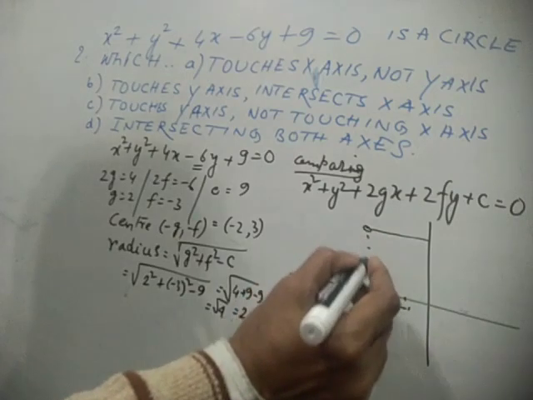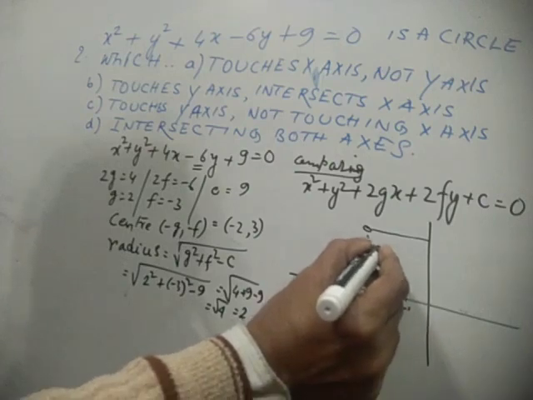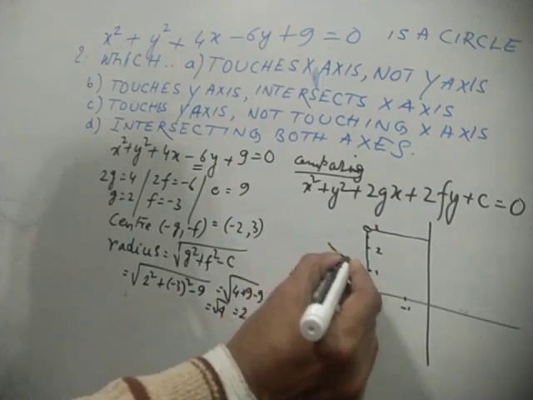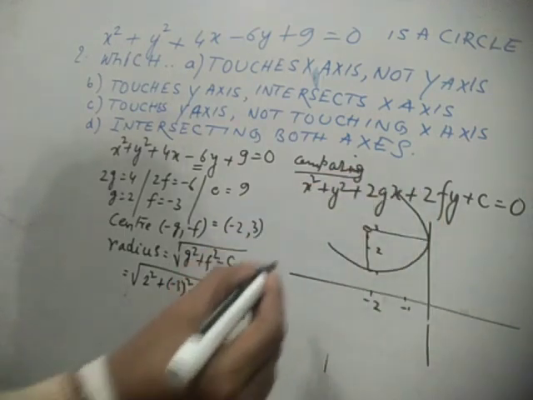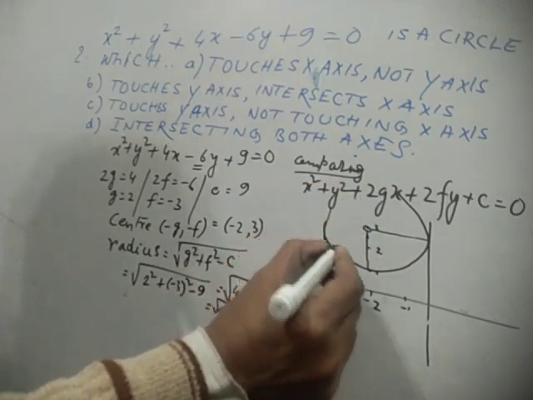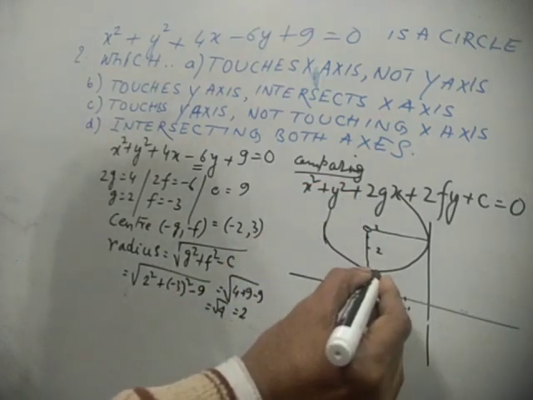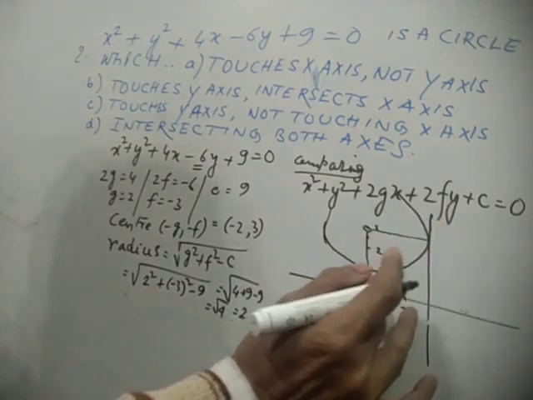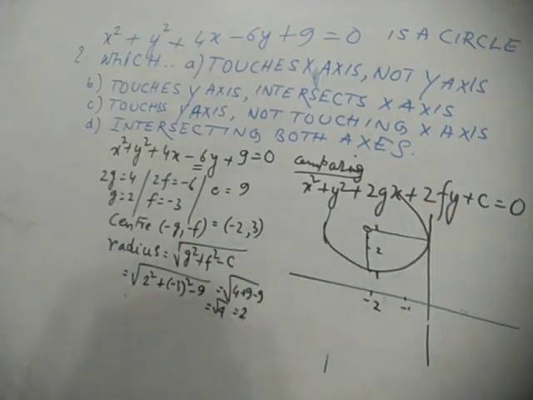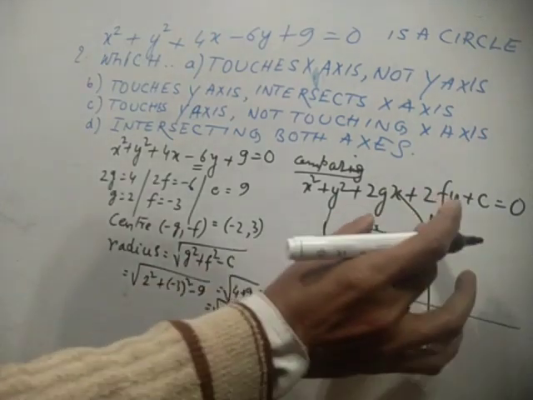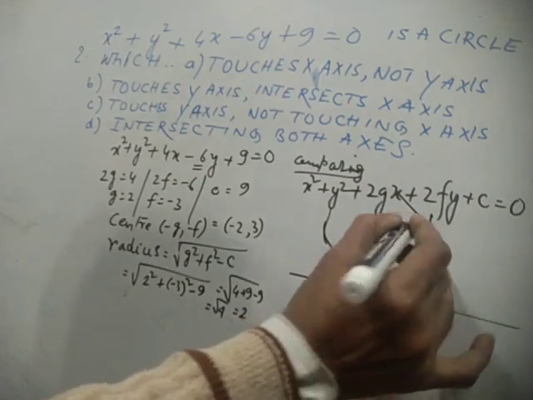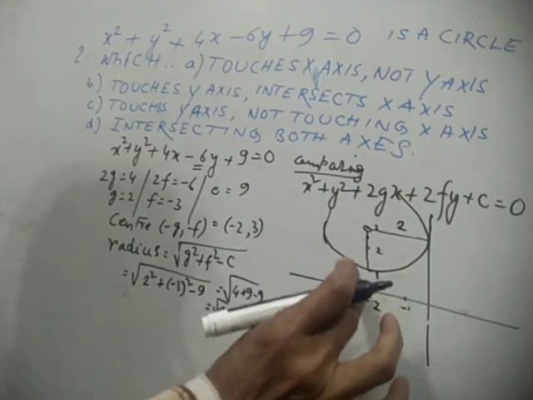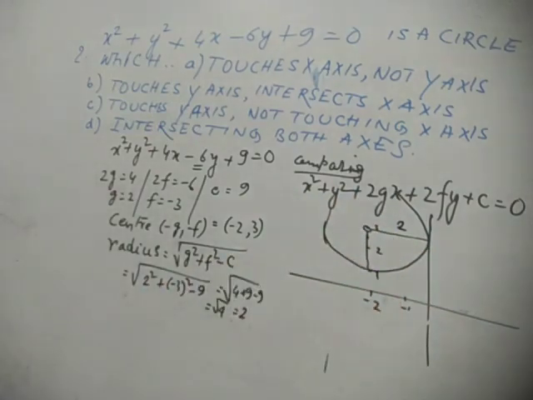So the circle's last part is even 1 unit above the x-axis, so it is not even touching the x-axis but touching the y-axis, because the distance from center to y-axis is 2 and the radius is also 2. So this circle is touching the y-axis, not touching the x-axis. So option C is right.